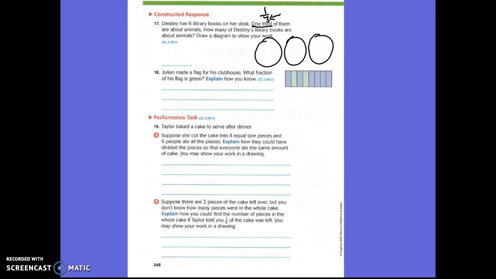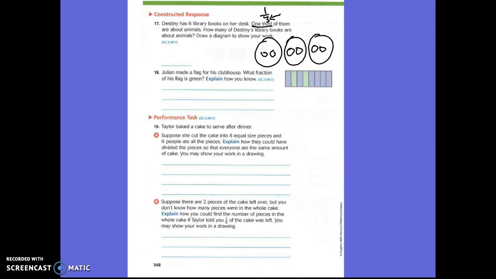Tyson is right. That's not quite how we worked these out yesterday. But it says she has 6 library books on her desk, so you can't have any more than 6. Because she only has 6 on her desk, correct? So how many have to go in each to make all those equal? 2. Tyson was right on this one.